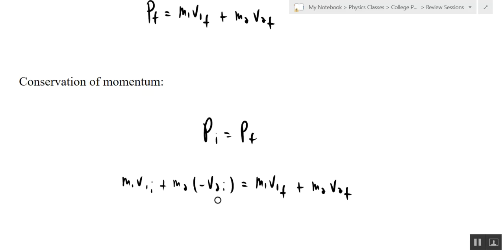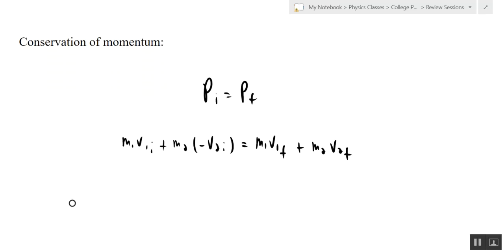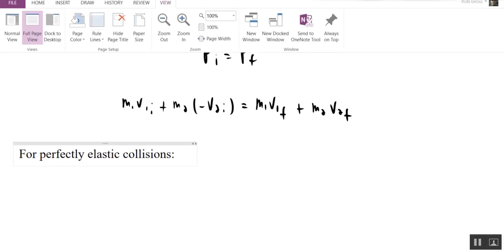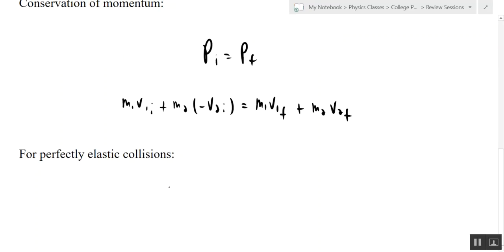Now, what else do we know for perfectly elastic collisions? There's one more thing you should know for perfectly elastic collisions, just in general. The kinetic energy stays the same. The kinetic energy is conserved, and to conserve kinetic energy, you have to use this equation: V1I plus V1F is equal to V2I plus V2F. This equation will be on your equation sheet.